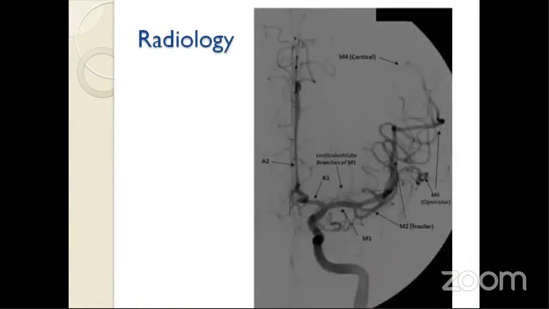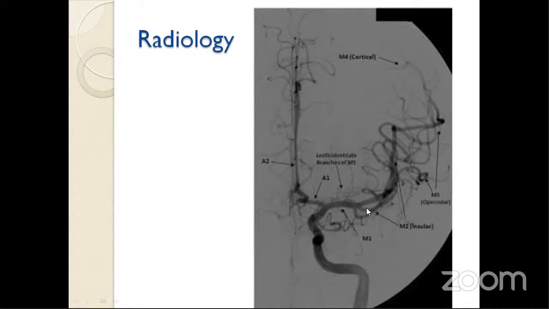So now discussing the radiology, this is an image from a 4-vessel angiogram. We can see the M1 segment here that starts after bifurcation of the ICA into ACA and MCA. The M1 segment, as we have discussed, starts from the origin till the genu.